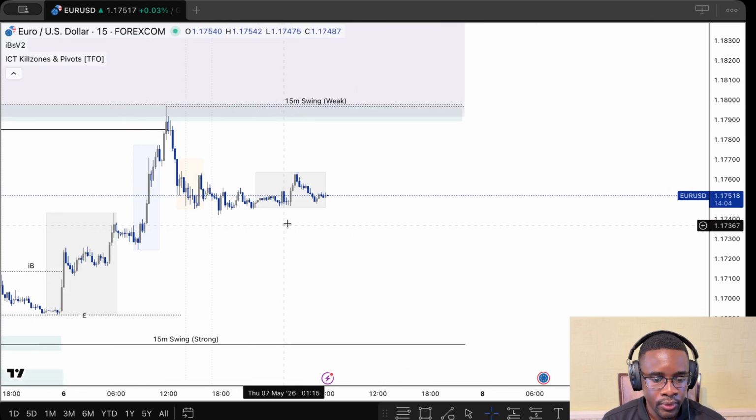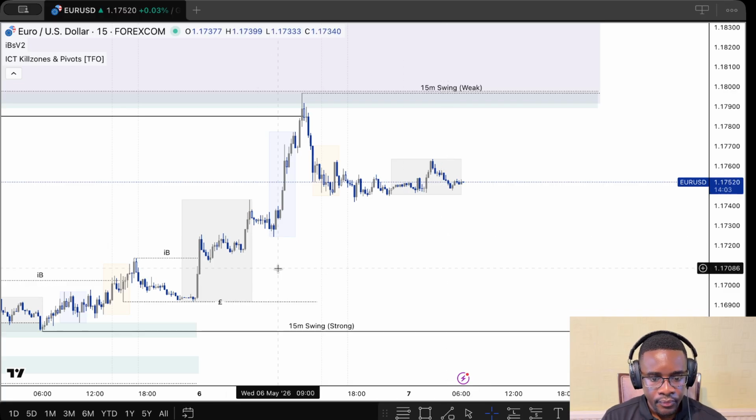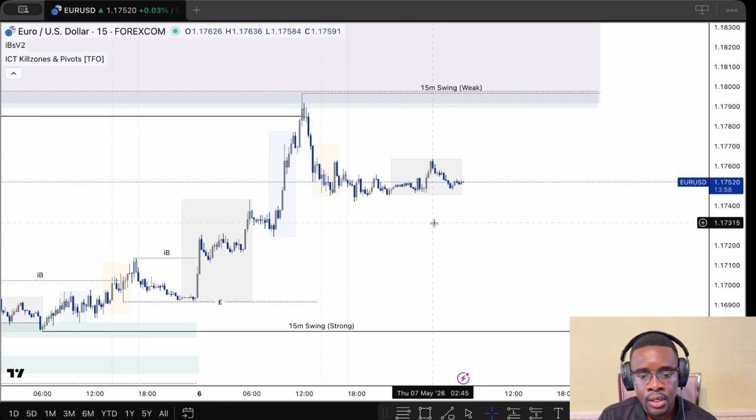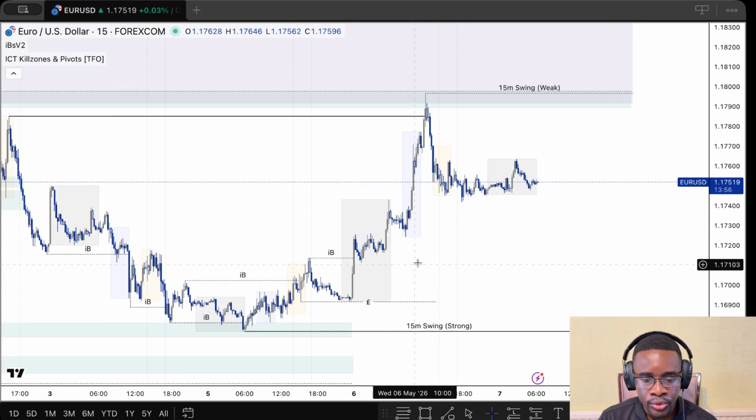This is the swing range that we're focusing on. Price right now is in the pullback phase, so it is likely price could pull back into any of these areas.